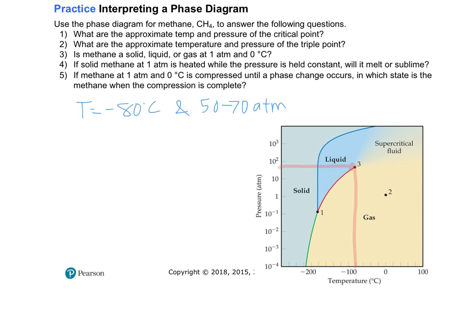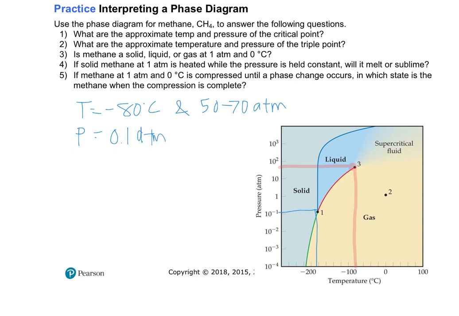The approximate temperature at the triple point, so we'll go over and down. I would say pressure equals 0.1 atmospheres.